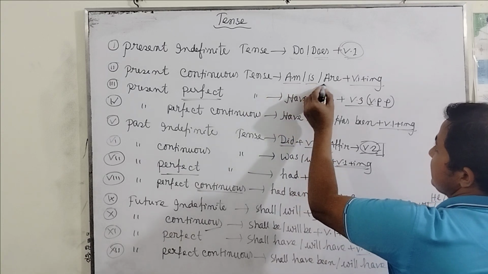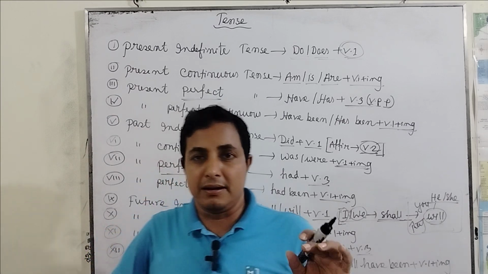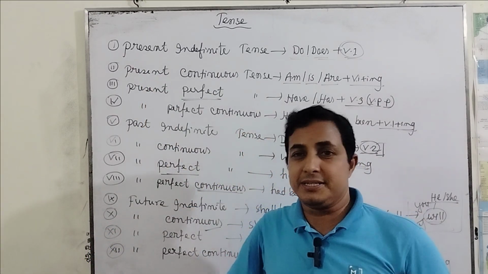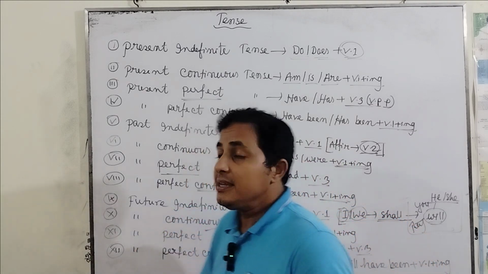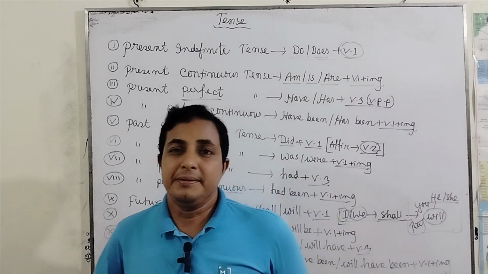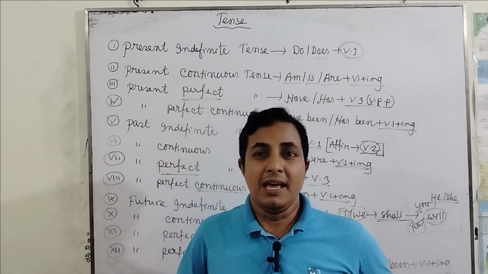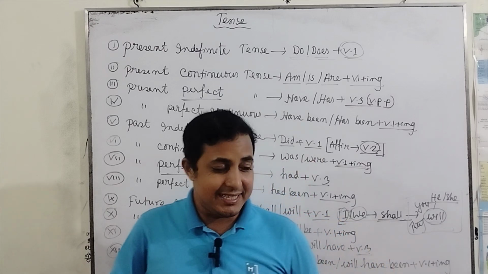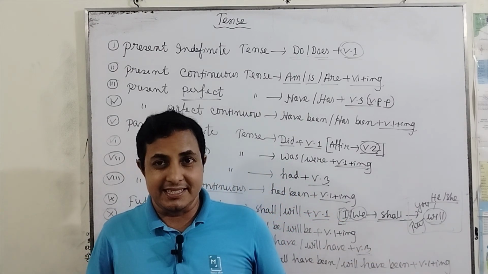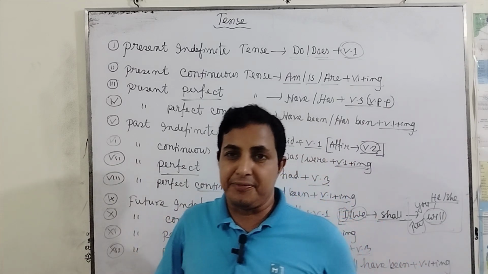Continuous: am, is, are. Mind it, first you must learn the names of tenses, and you must learn their auxiliary verbs. If you know the auxiliary verb, then you can identify from sentences what kind of tense is used.